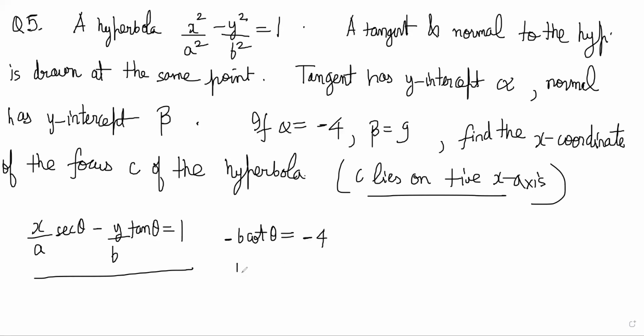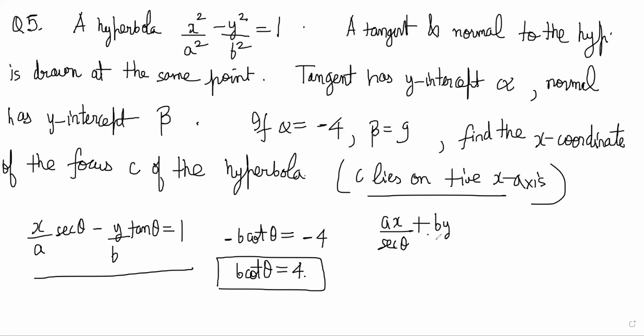You get b cot theta is equal to 4. And the normal equation will be ax by sec theta plus by by tan theta is equal to a square plus b square.